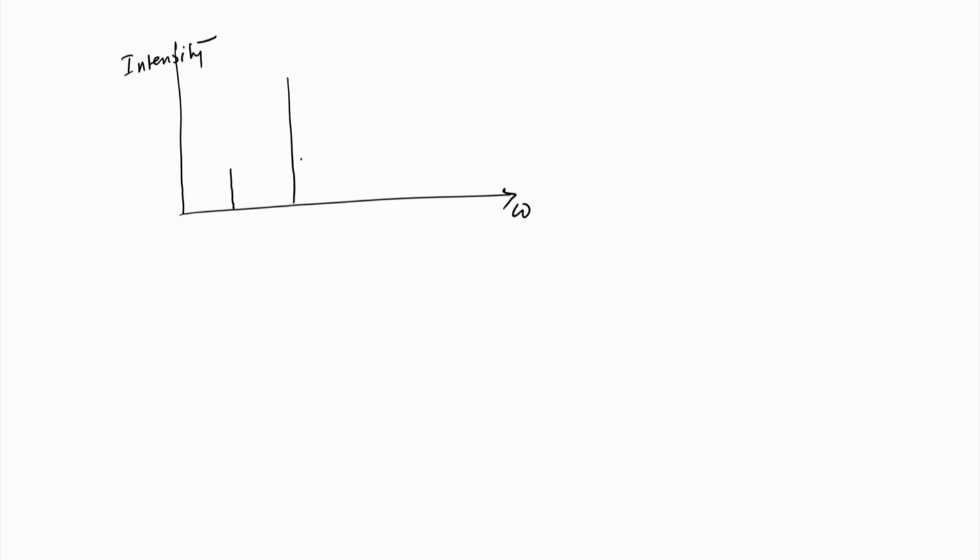Let us show the spectrum. This is again the intensity, and this is omega, which is frequency. We will have peaks like this, and this, and this, and so on, at (1 minus sigma 1) omega 0, (1 minus sigma 2) omega 0, (1 minus sigma 3) omega 0, and so on. So, these are the different peaks that one gets.